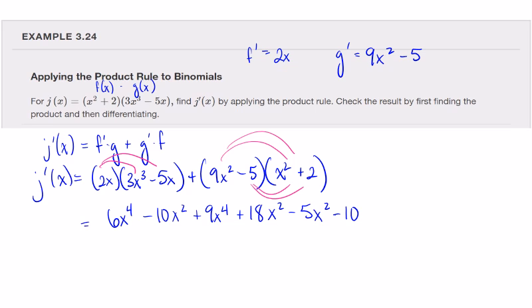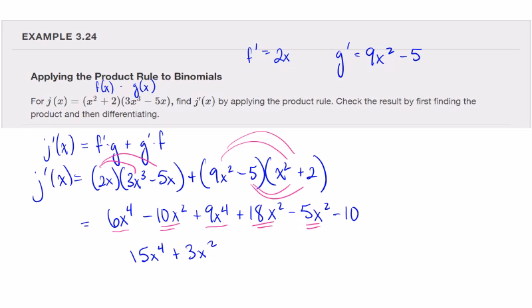All right, so now let's see if we have any like terms. I have x to the fourth here and here, so it's going to be 15x to the fourth. Okay, and then we have a few x squareds, right? One here, one here, one here. So negative 10 plus 18 is 8, and minus 5 is 3x squared, right?